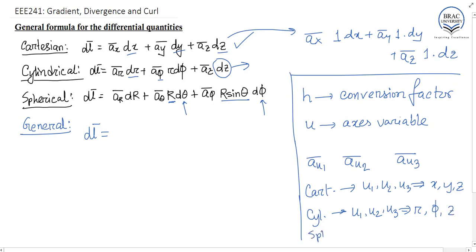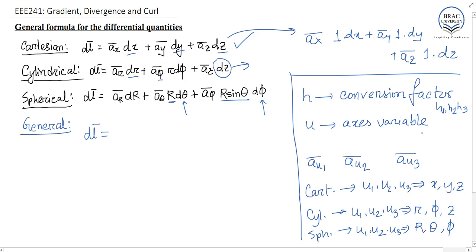And in case of the spherical system, u1, u2, u3 convert into r, theta, and phi. Let's just keep that in mind. This is the general notation that we'll be using, and for the conversion factors, of course, we'll be using h1, h2, and h3.